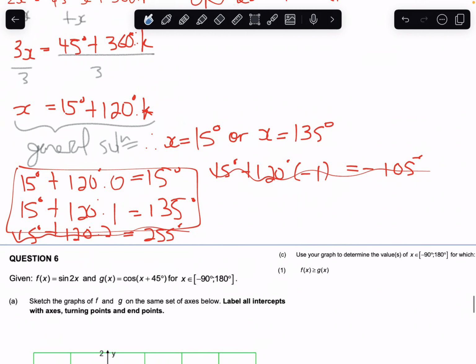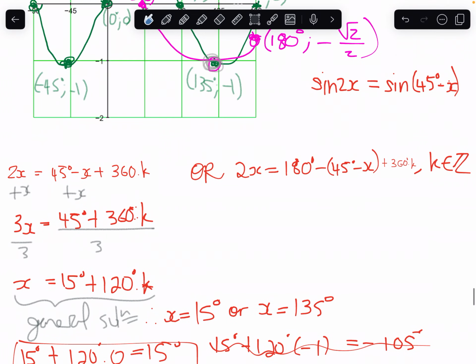And we can just double check now that this is not going to give us any relevant solutions, or it might give us overlapping solutions. Is that possible? Yeah, I guess it is. Let's see. So we would say, okay, 2x is 180 minus 45 is 135 plus x, plus 360k.